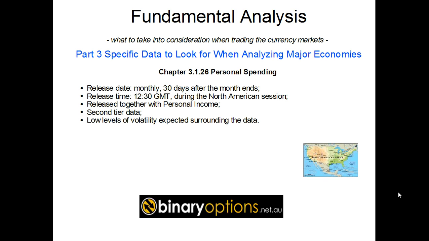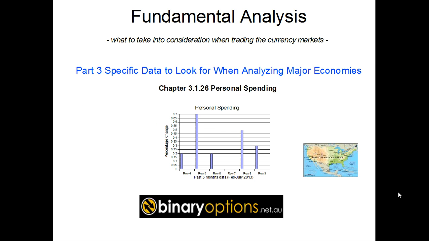If you are seeing markets moving surrounding the release of personal income or personal spending, or actually any other second tier release, then probably the reason for the move is not the economic release by itself, but something else, either a speech of somebody, somebody holding a press conference, or some other news being released at the same time, and you are looking at the wrong picture.